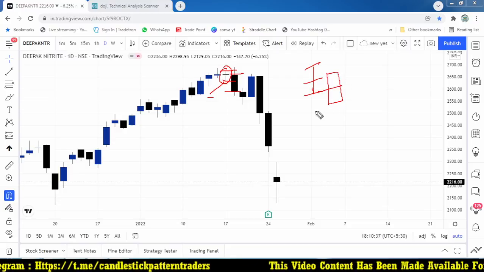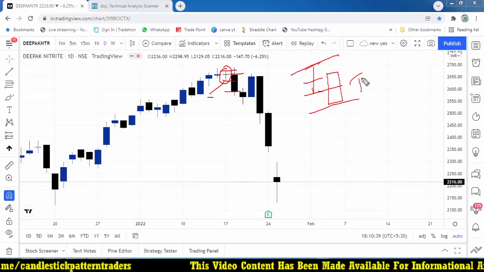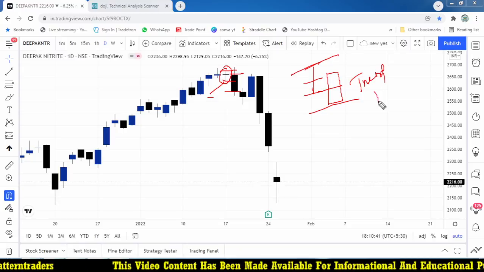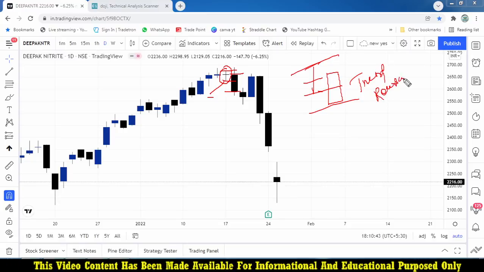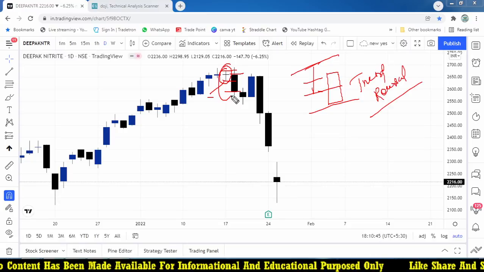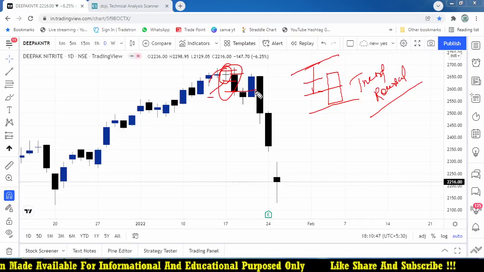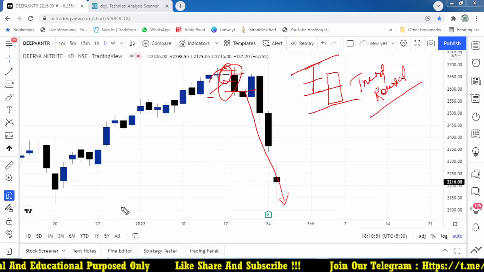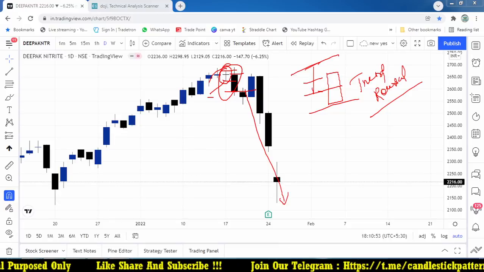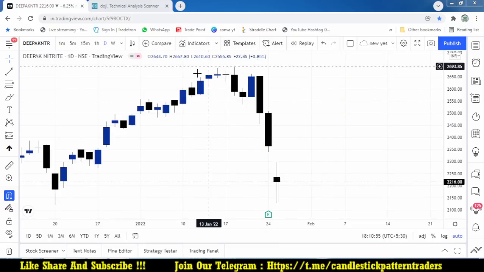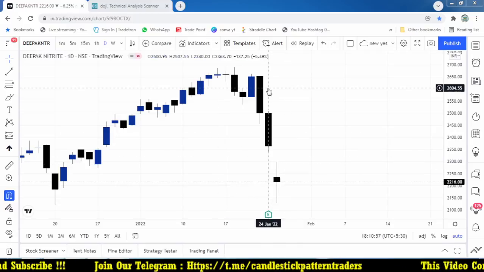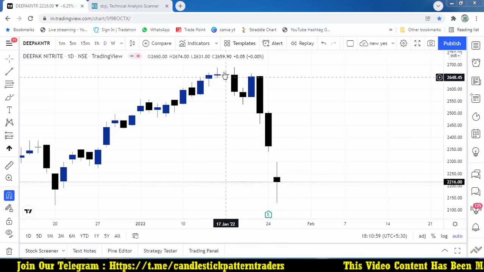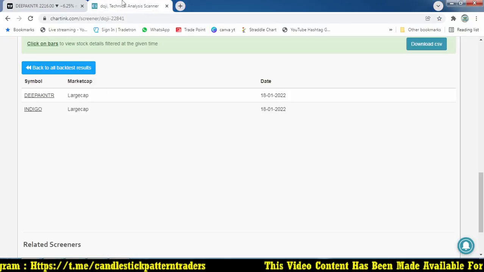So there is a confirmation of trend reversal. Once this kind of confirmation happens, this is your entry point. Then the market is going down. Here I'm not using any indicators at all. I simply focus on the candlestick pattern, right?